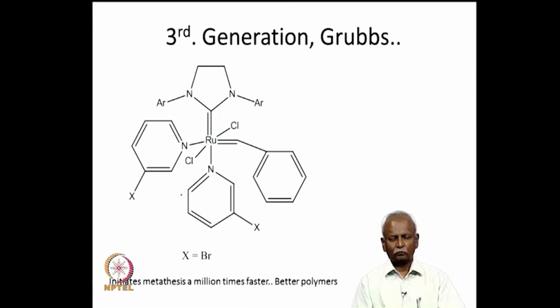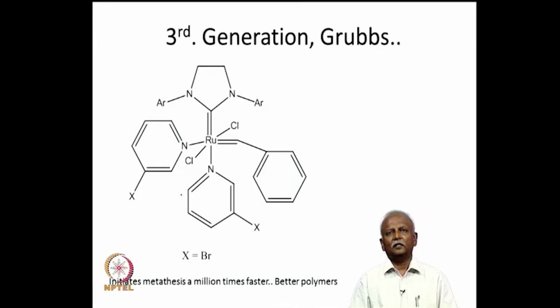And Grubbs showed that if you replace the pendant group with a pyridine unit, a substituted pyridine, and if you react the Grubbs second generation catalyst with pyridine, specifically bromopyridine, then it turned out to be an extremely useful catalyst. It was extremely reactive. In fact, it initiates metathesis a million times faster than the second generation catalyst.